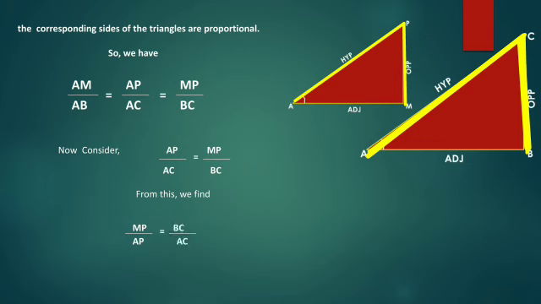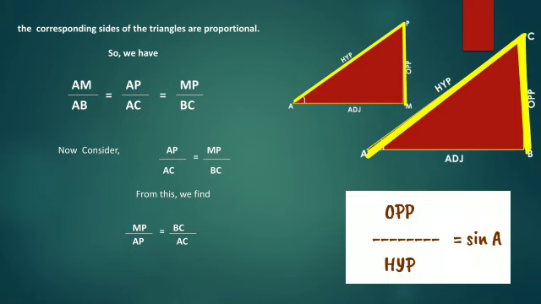BC is the opposite side of triangle CAB and AC is the hypotenuse of triangle CAB. While studying trigonometric ratios, we explained that opposite by hypotenuse is called sine of A. So here BC is opposite and AC is hypotenuse, so opposite by hypotenuse is equal to sine of A.